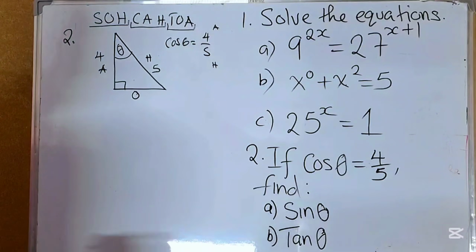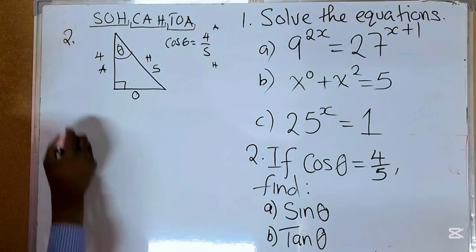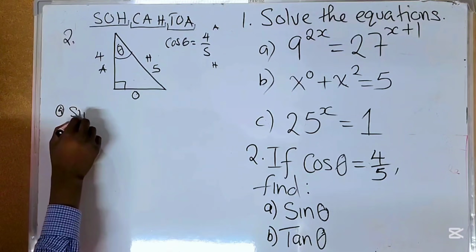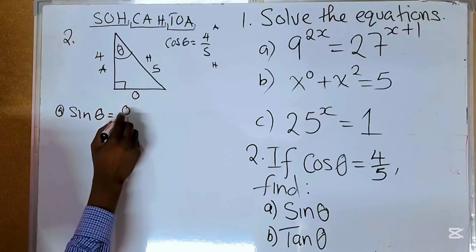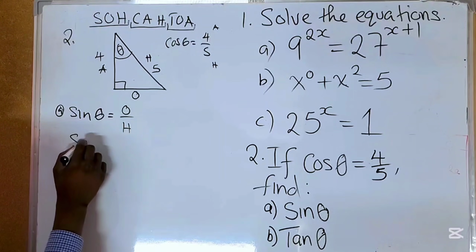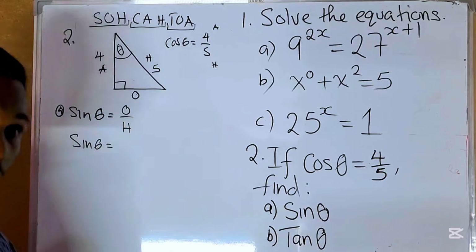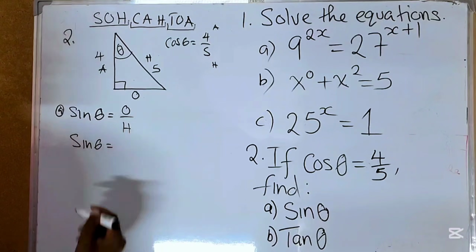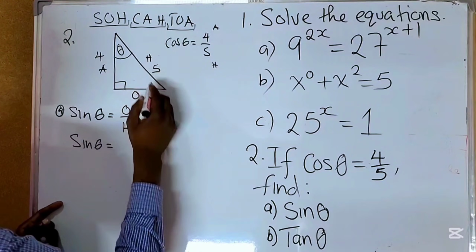But wait. Let's find the first one. Sin theta is equal to opposite over hypotenuse h. So sin theta is equal to, what is the opposite? We don't know. How can you find the opposite? Let's use the Pythagoras theorem. Let's start with the hypotenuse.